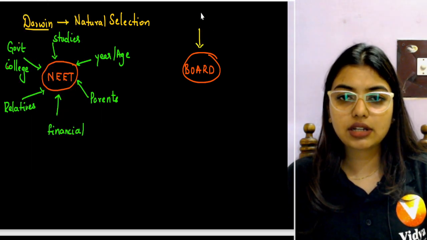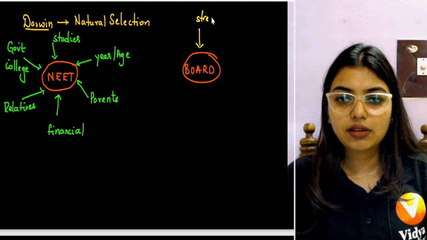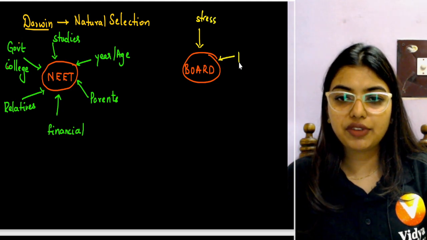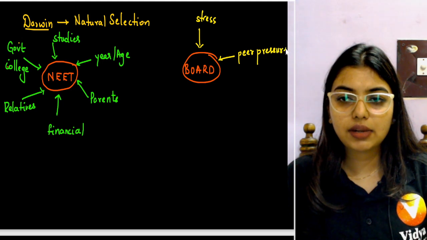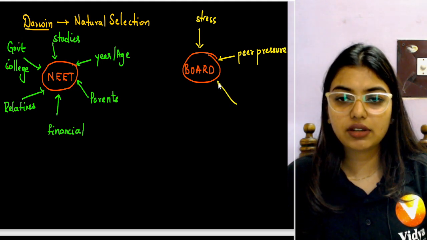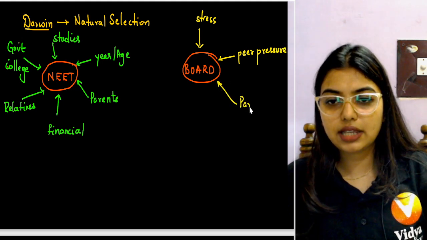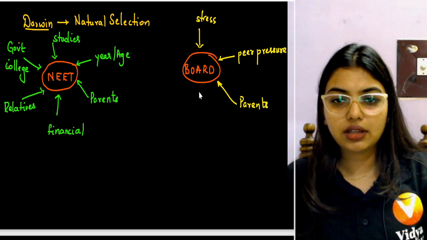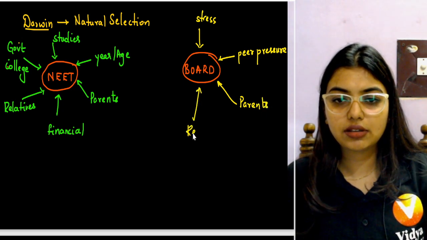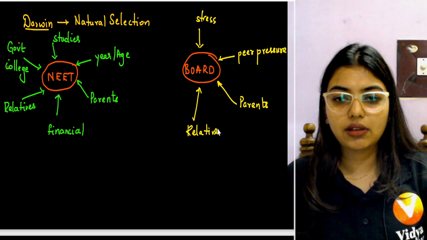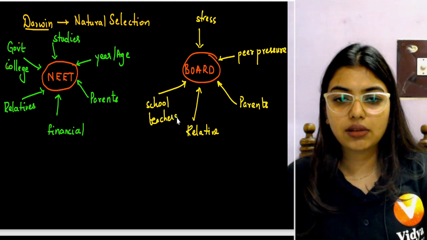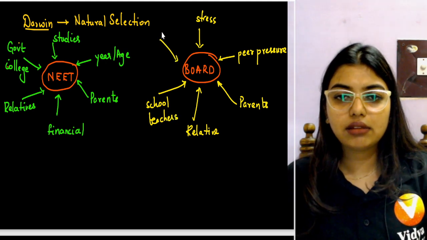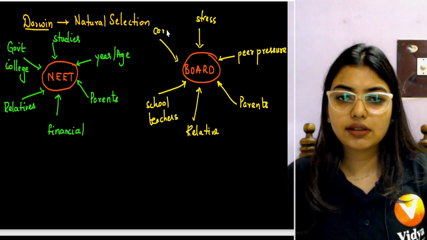Again, the same things continue, students. Stress, peer pressure, you will feel a lot during this time. There also peer pressure is there, but again, most of the students get along with it. Peer pressure, parents' expectations, relatives' expectations, your class, school, teachers, and then maybe career after this.